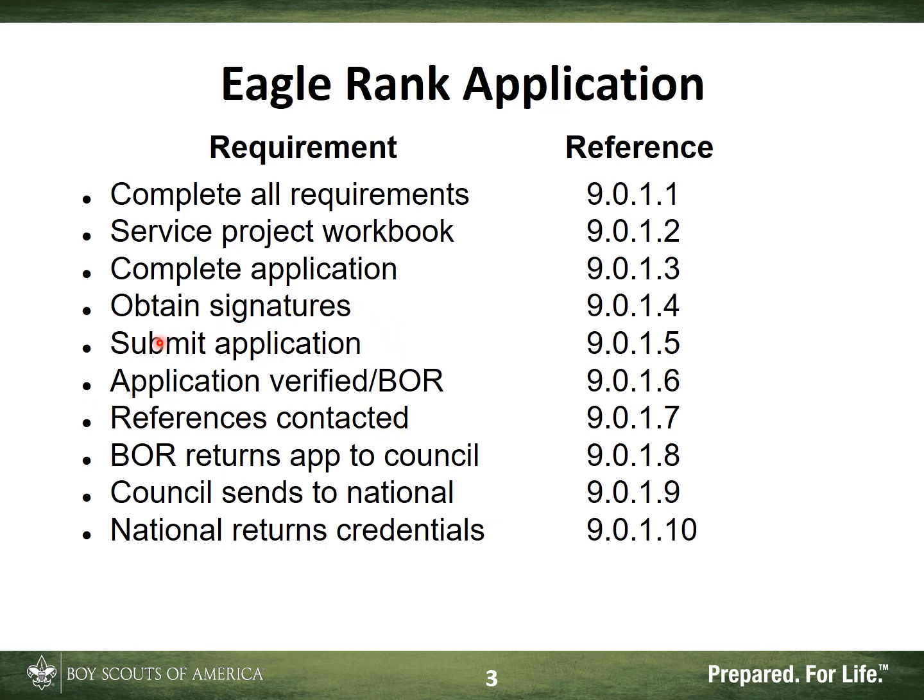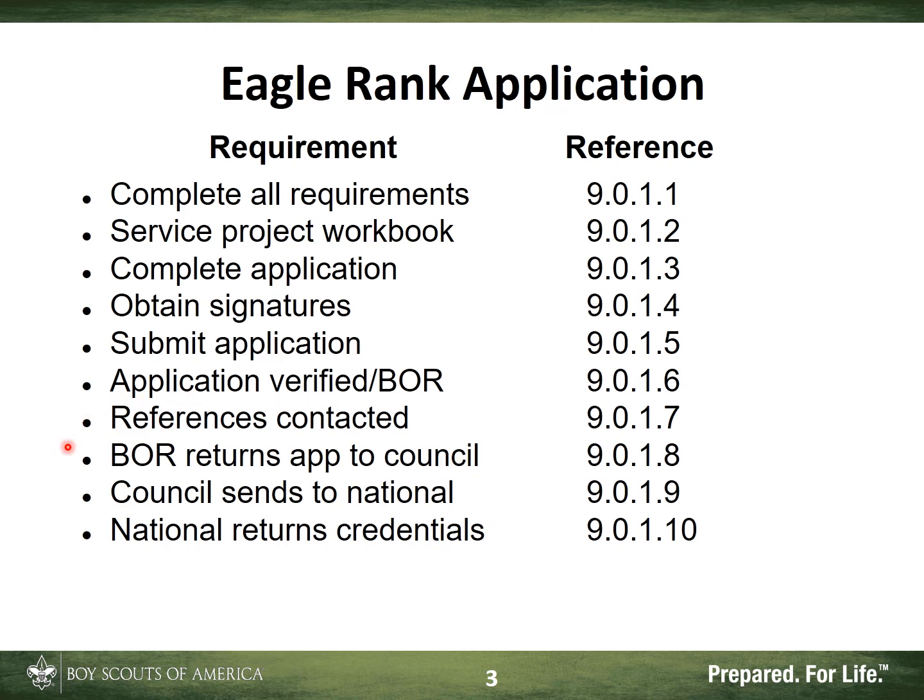If the scout submits the application and does not submit letters of reference, the district is responsible for following up with the references and contacting them and getting them. And that usually happens before the board of review. The board of review finishes up and makes a decision. When they decide that it is approved, they return the application to council with a checklist that we asked for.